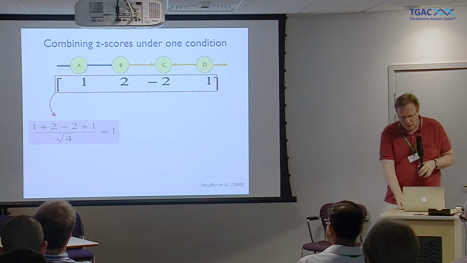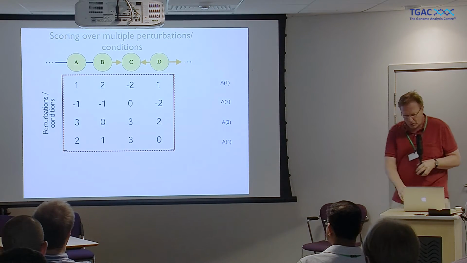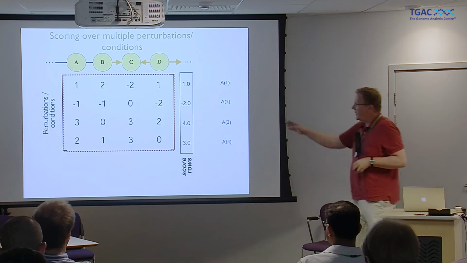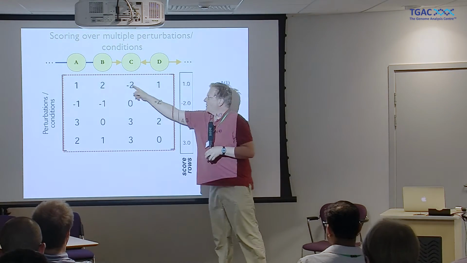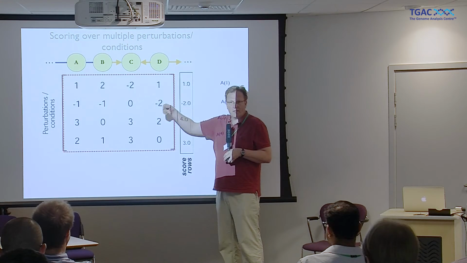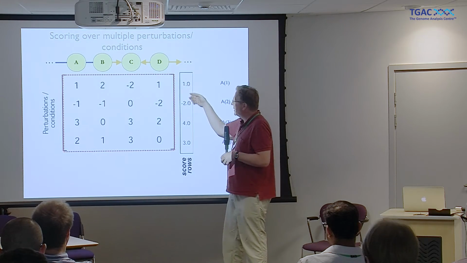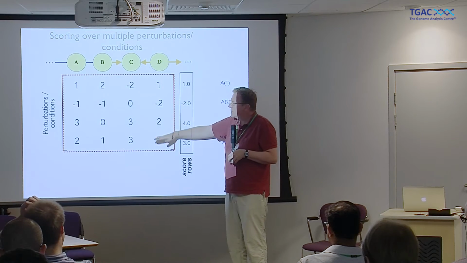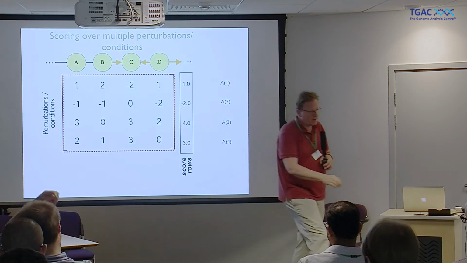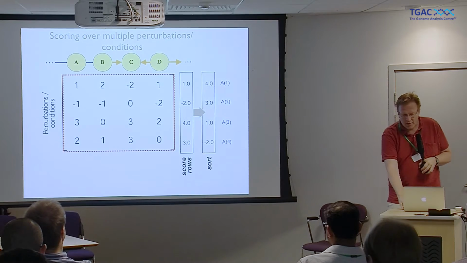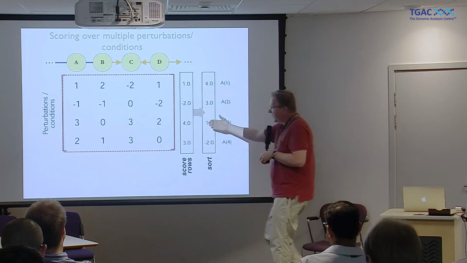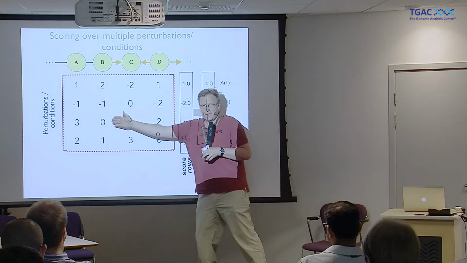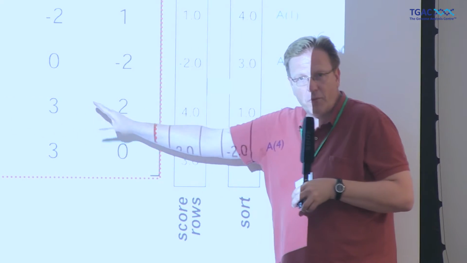The method that we formulated at the time works over several conditions, and here's an example. When you add all these numbers up and then divide by the square root of 4, you get this value. And so the method itself generalizes to several conditions, and then you bring the most significant summary statistic, which here is 2 times the 3, which is high.